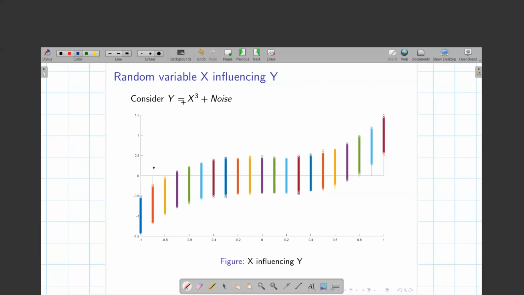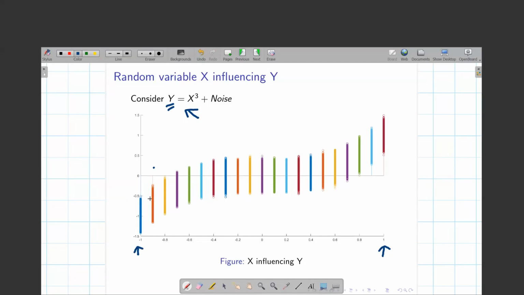So now we are talking about that random variable x influencing y. There is a relationship between the outcome of the random variable x and y. What you have is the outcome of the random variable y, which is basically the noisy observation. x ranges from -1 to +1, of course at discrete intervals like -0.9, -0.8, like that.